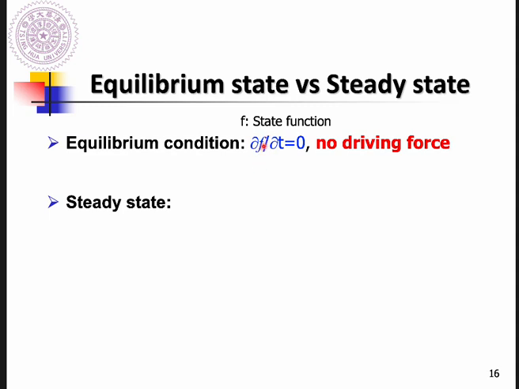So partial F, partial t equals 0, which means that the state function does not change with time. Also, there's no driving force involved in these systems, and we call it an equilibrium condition or equilibrium state.